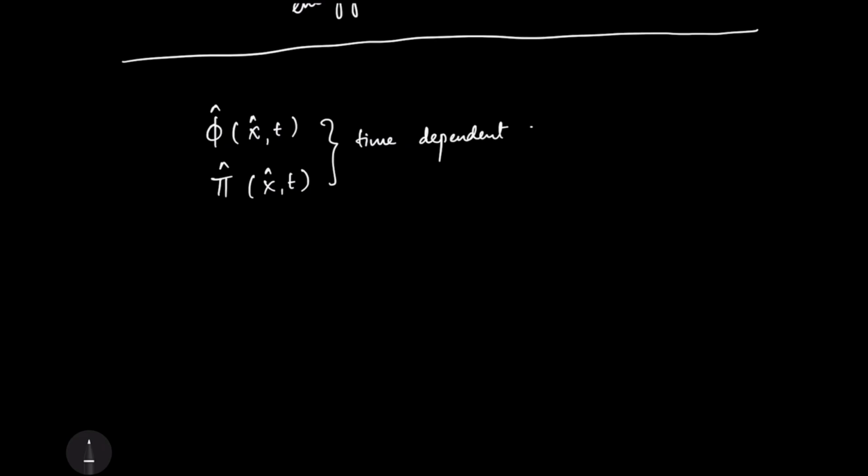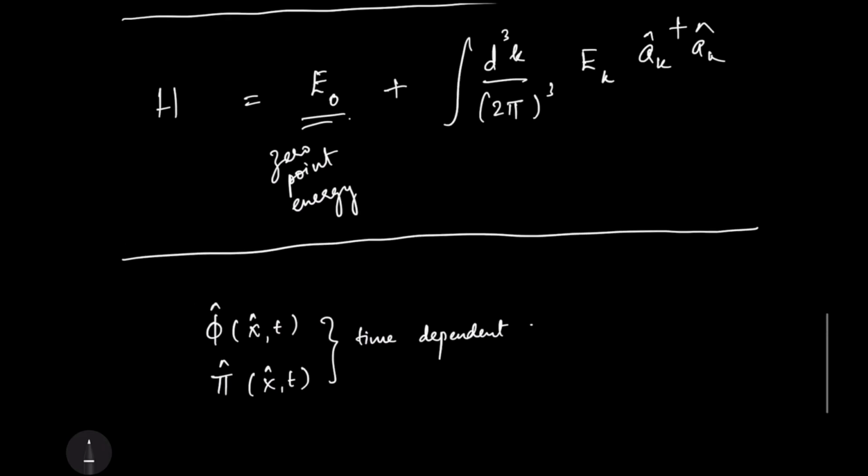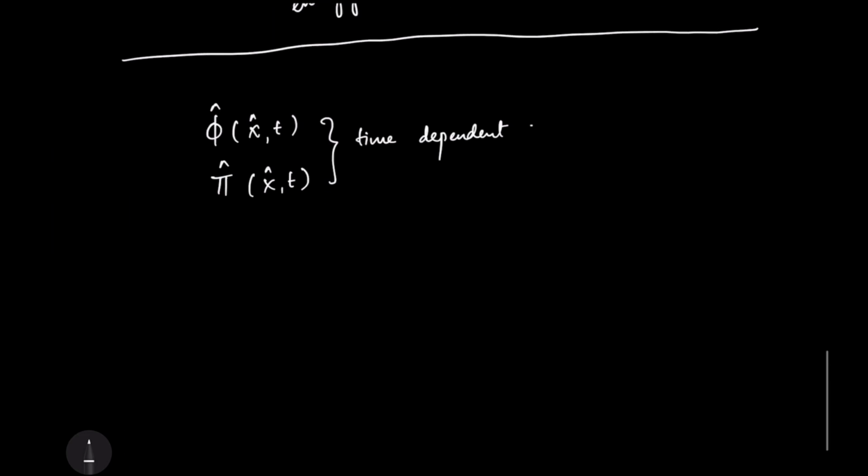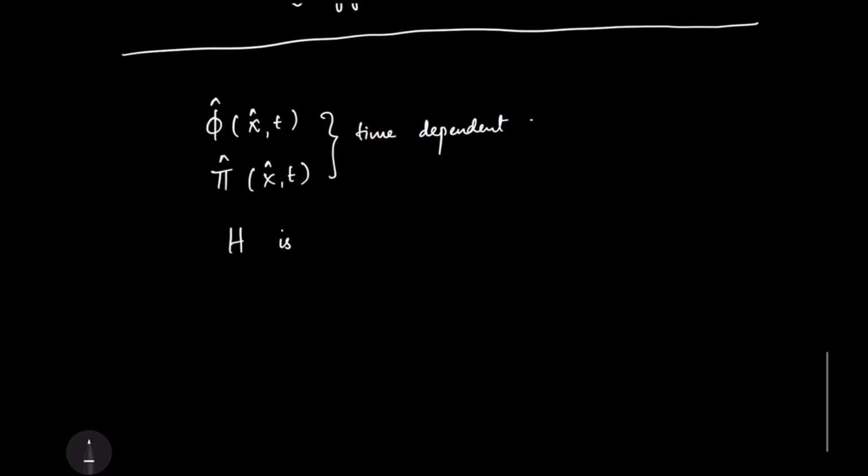We have already seen that e raised to iωt will get cancelled when you do the spatial integration, that is, when you transform from x space to k space. But finally, when you see the Hamiltonian, it is time independent, right? So the Hamiltonian is time independent.